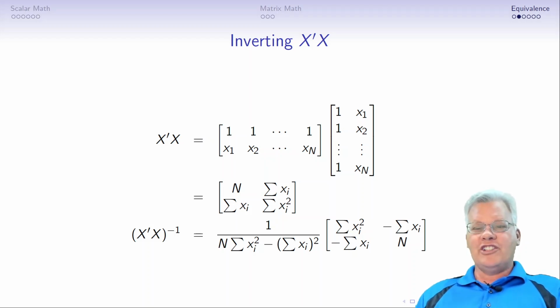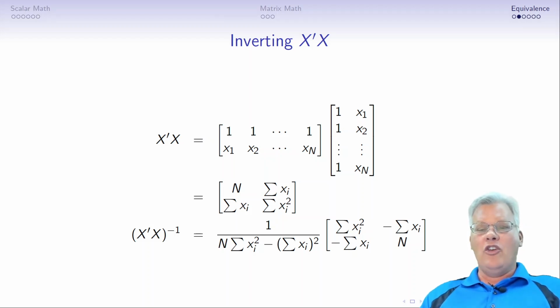Then the first column times the first row times the second column gives me the value on the first row, second column of x prime x. So it's equal to the sum of the individual x's.